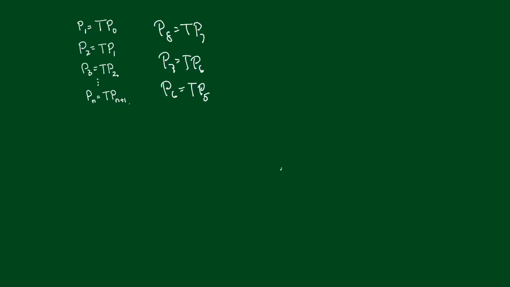Notice what we could write here. I'm just going to do this for maybe P4. For P4, I could get that by doing this one here. But notice, what is P3? P3 is T times P2. Then I get T times T, so I get T squared times P2. But now I need P2. So this is T squared.